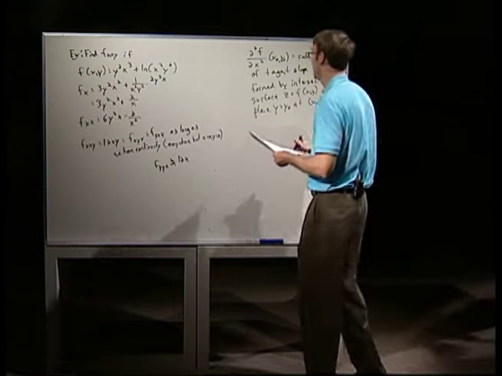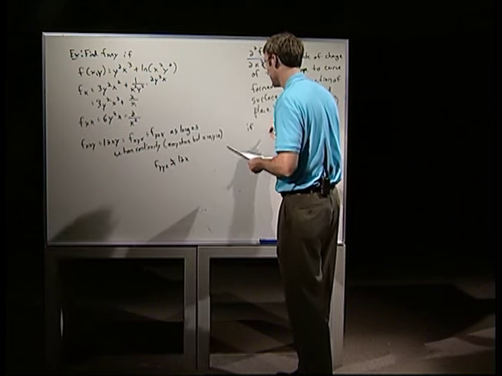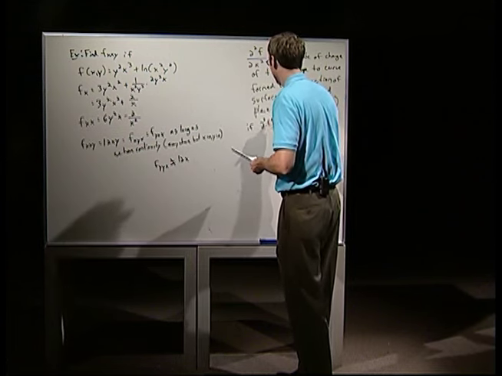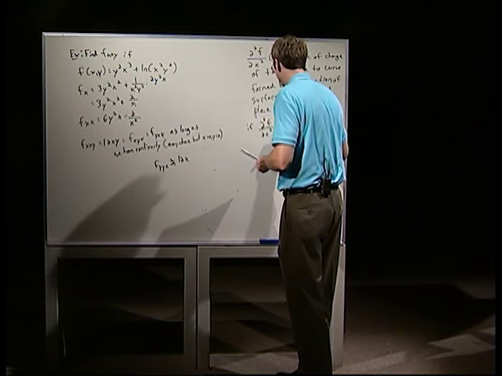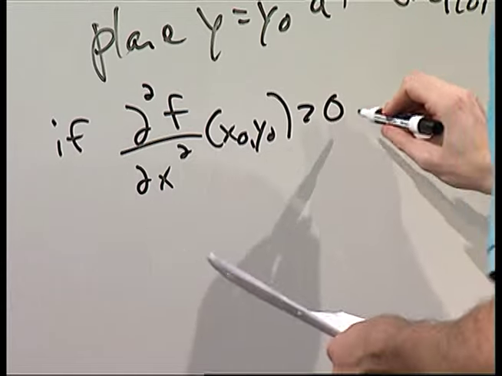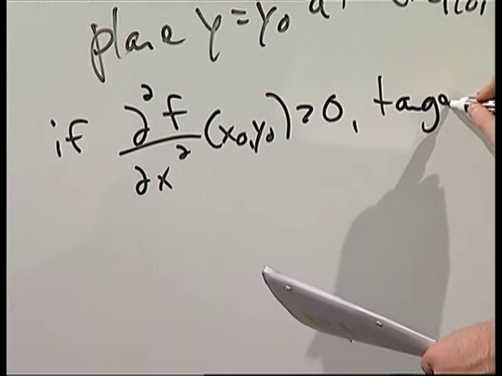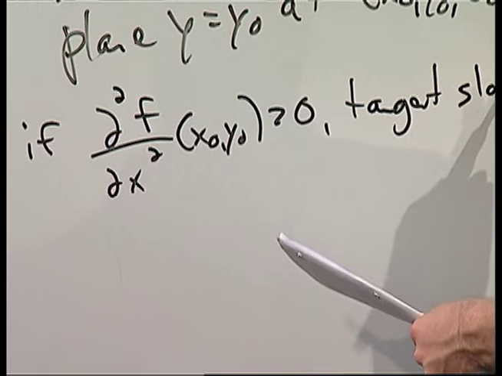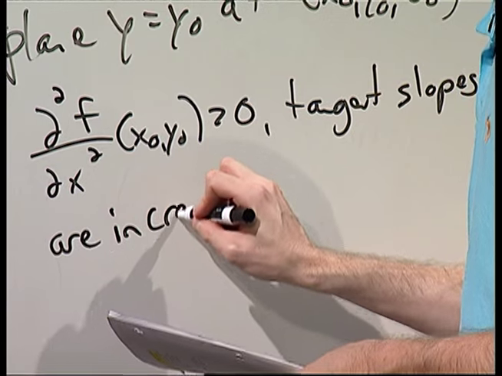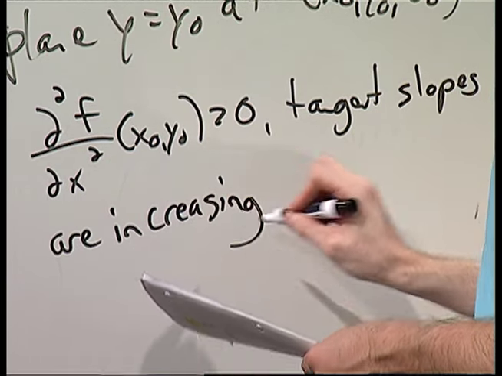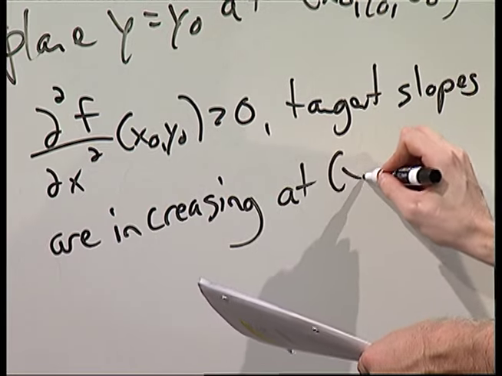And so if it turns out that this second order partial is greater than 0, for example, that means the rate of change is greater than 0, which means the tangent slopes are increasing at that point.